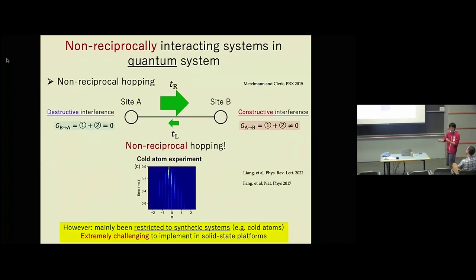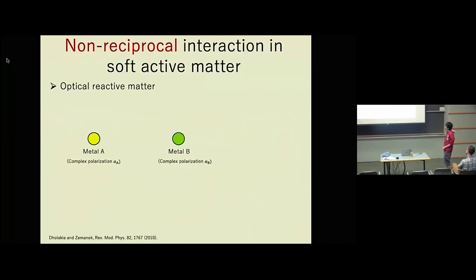Synthetic systems have very nice control over each atom, but solid-state needs angstrom-level control, and this is pretty much impossible to do in solid-state physics. But to get non-reciprocity in solid-state physics, what should we do? I think there was a hint in soft active matter, because as you all know, you don't need a gauge flux to give rise to non-reciprocal interactions.